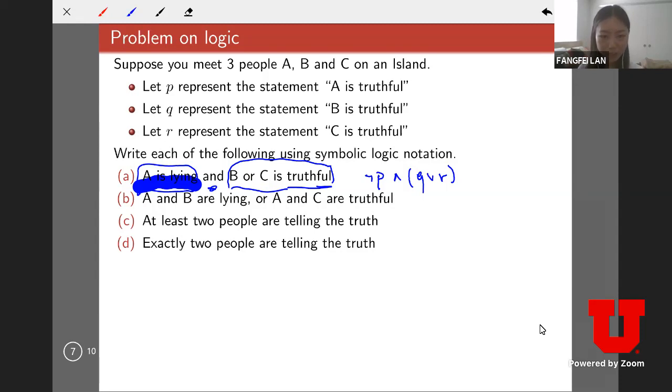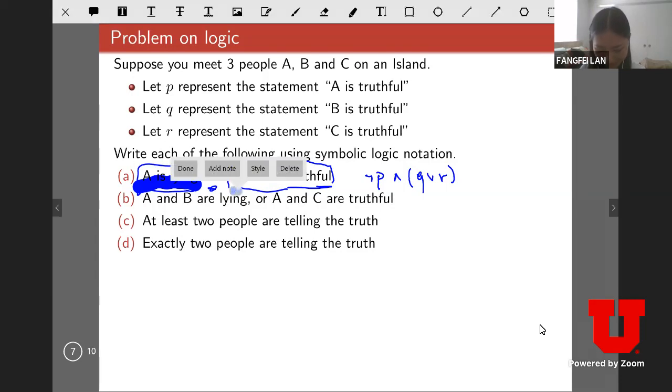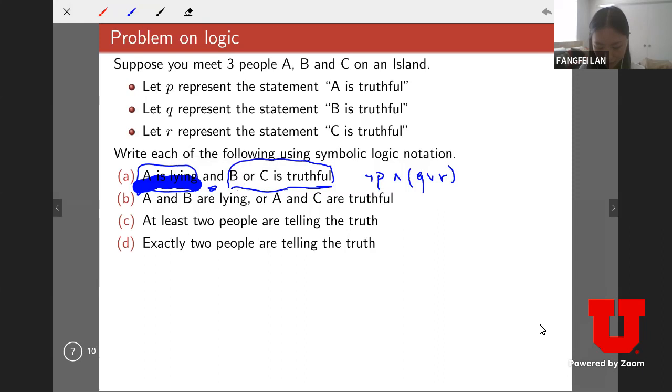This is like an English problem, right? If we say that A is lying and B, and we stop the sentence there, would it make any sense? We have to stop the sentence before the and, basically, and B or C is truthful. So B or C is truthful is the second part.